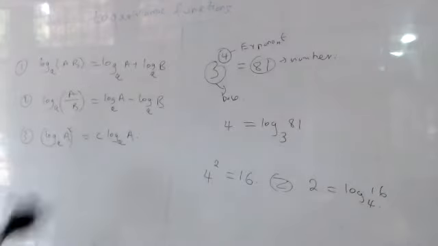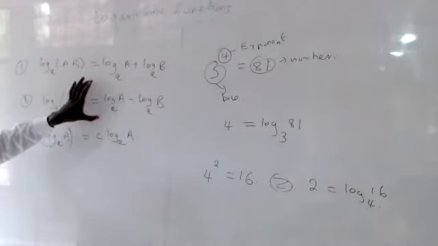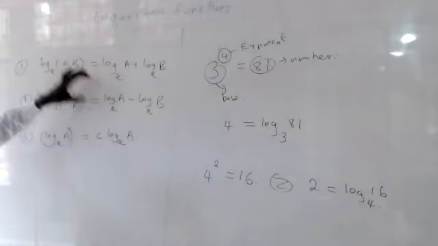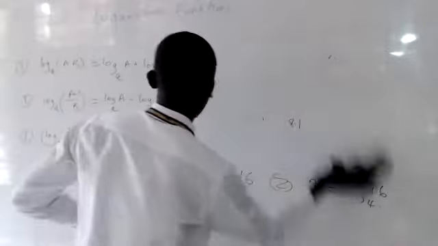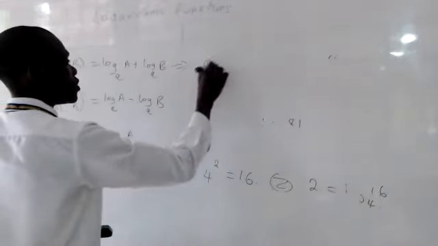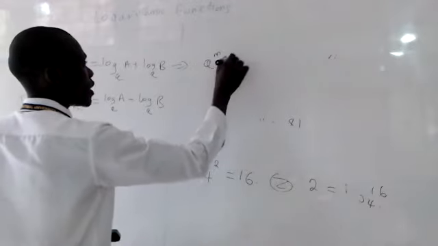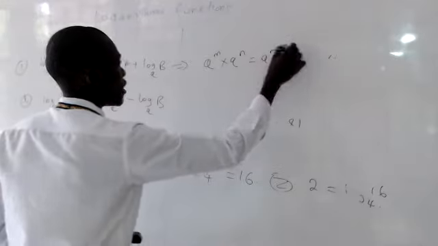Now I want to use these laws. It's very easy to prove these laws once you know the laws of indices. Let me just give you a hint. The first law corresponds to the law of indices that a to the m times a to the n is a to the m plus n.